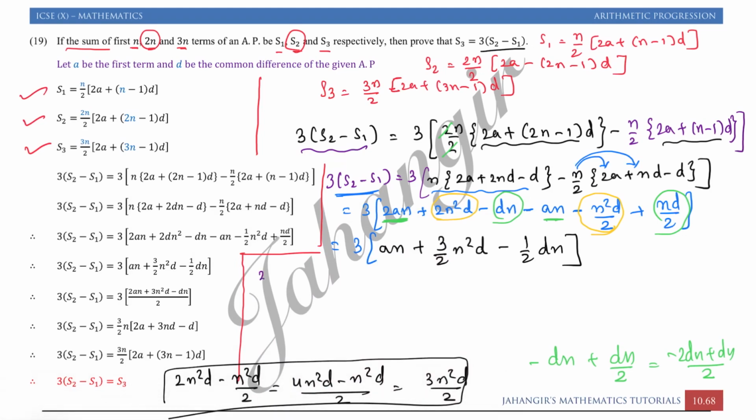Now what we will write? 3S2 minus S1 is equal to, 3 is common, I can take LCM, 2an plus 3n square d minus dn whole upon 2. Let us erase neeche wala part.